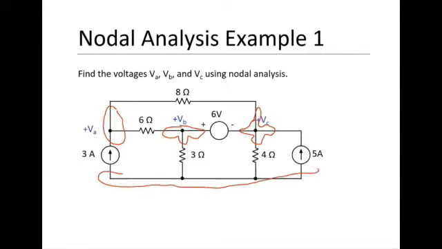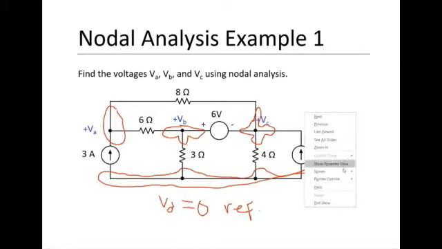Let's call it node VD, for consistency. But we set it now to 0 volts. So we call this the reference node or the ground node, the node at which you have a 0 potential. All right.